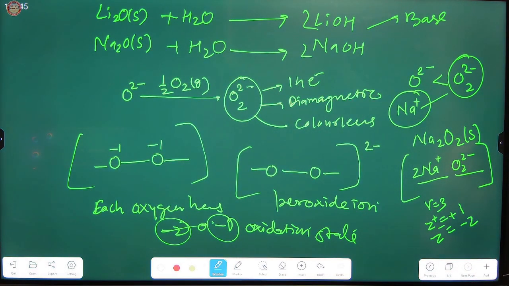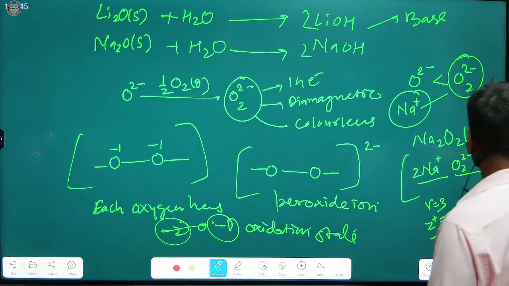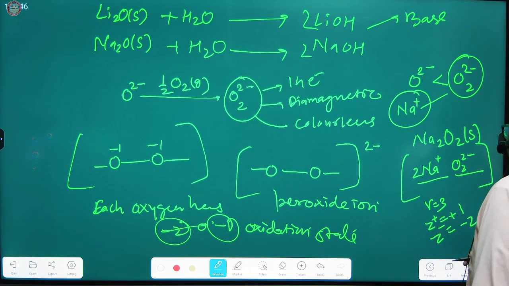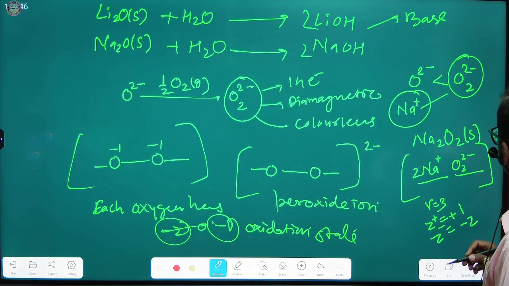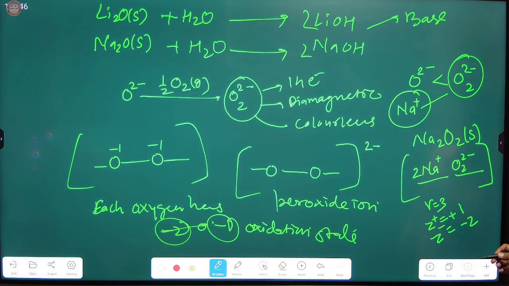So in oxides and peroxides, the number of ions and product of charges are the same, right? The peroxide anion can stabilize the sodium cation through the formation of an ionic bond.